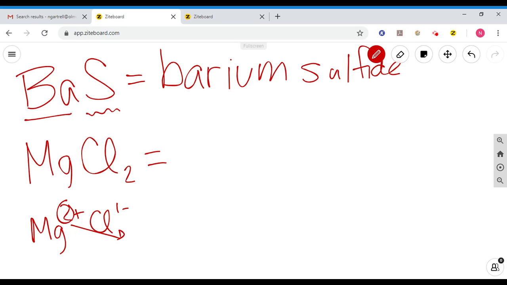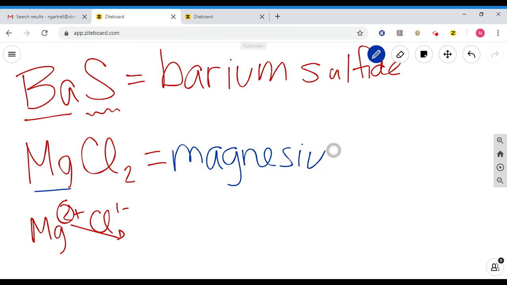So it doesn't change how you name it at all. It just got crisscrossed. You still name it the same way. So we have Mg, which is magnesium, and the 2 does not change how you name it. So chlorine becomes chloride.